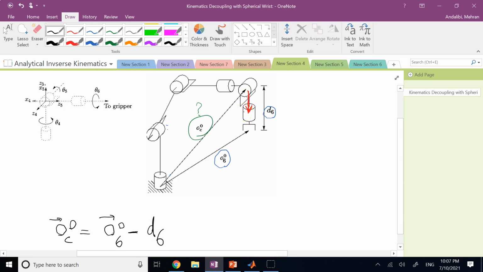Now the question is, what is that unit vector?